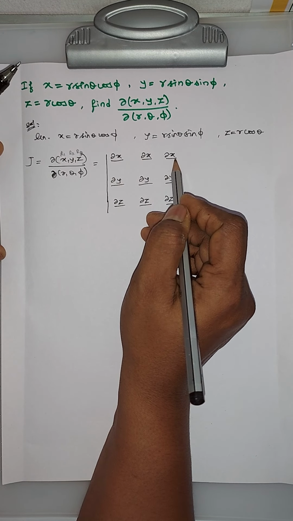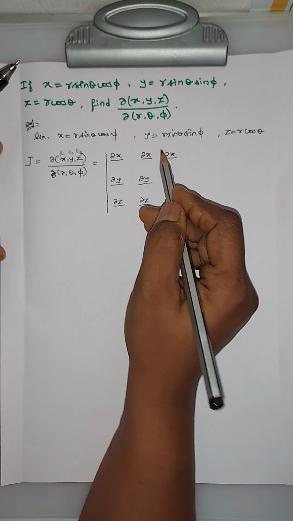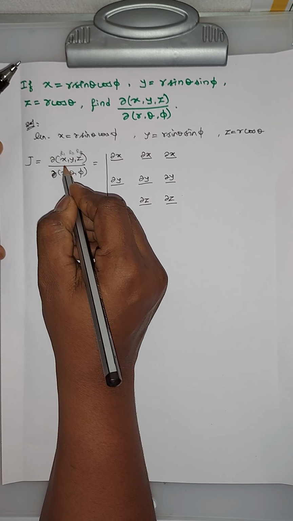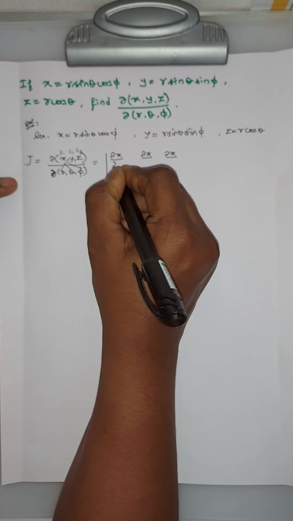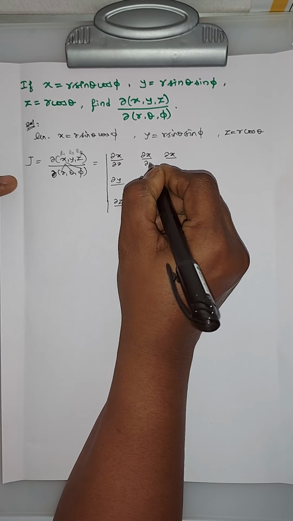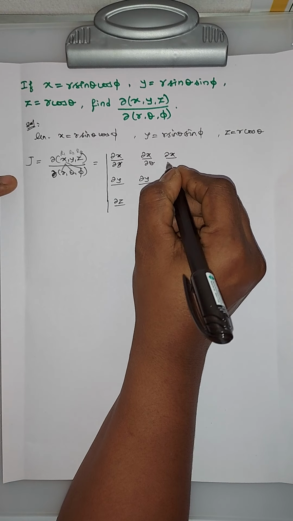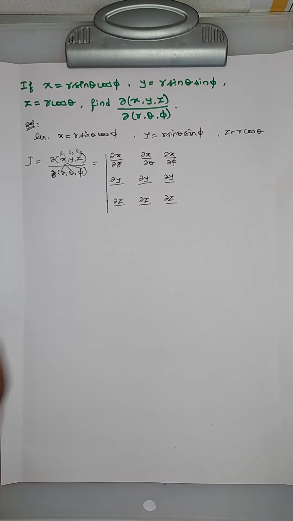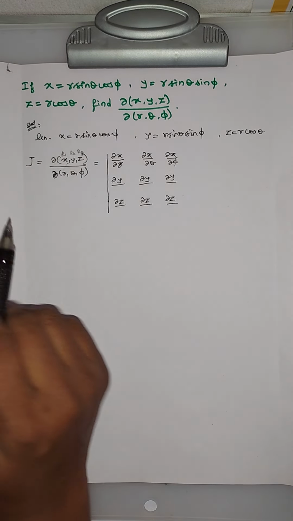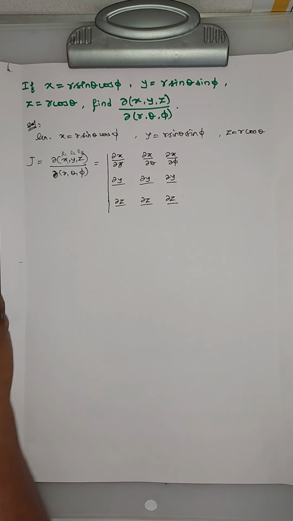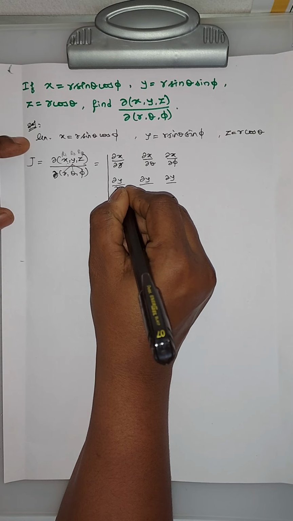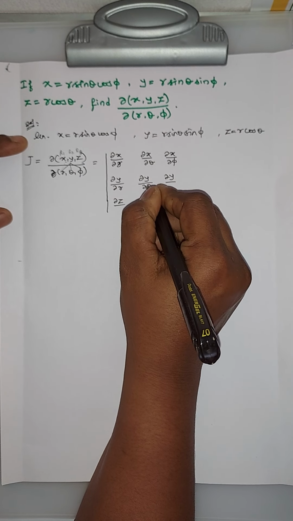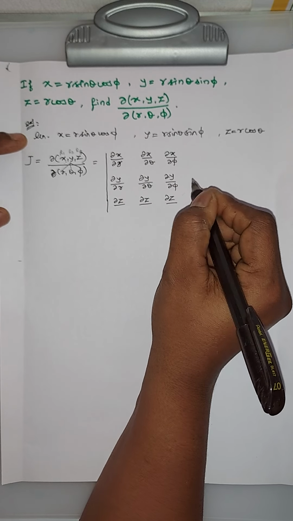first row should be the derivatives differentiating x with respect to r, theta and phi. So dou x by dou r, dou x by dou theta, dou x by dou phi. Similarly, second row should be completely differentiating y with respect to r, theta and phi. So dou y by dou r, dou y by dou theta, dou y by dou phi.